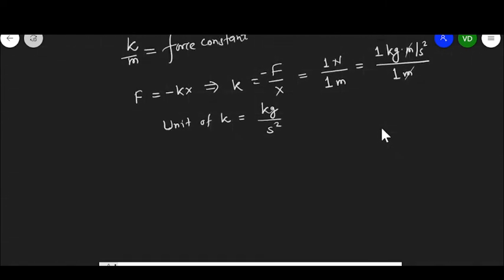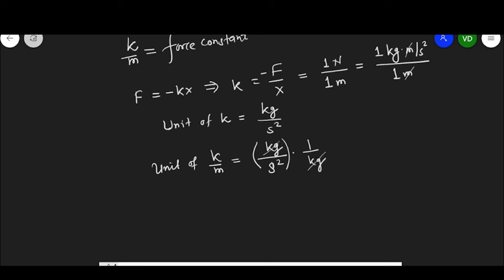And therefore the unit of k by m, now here m is not meter, m is the mass, remember. The unit of k is kilogram per second square, and the unit of mass is in the denominator, so this will be kilogram.